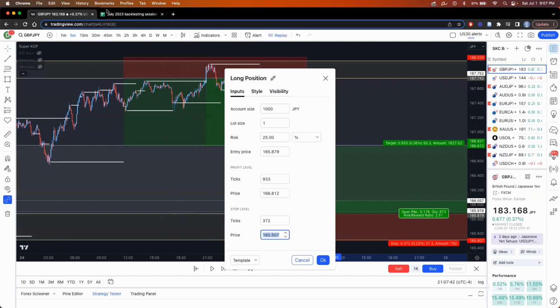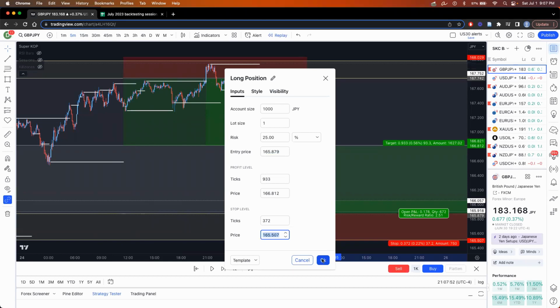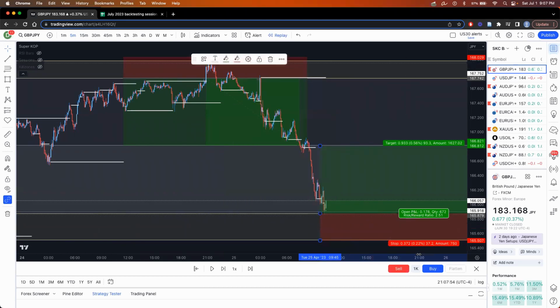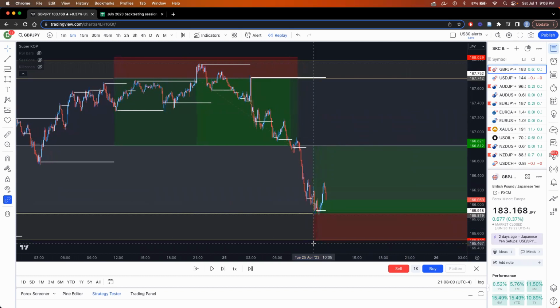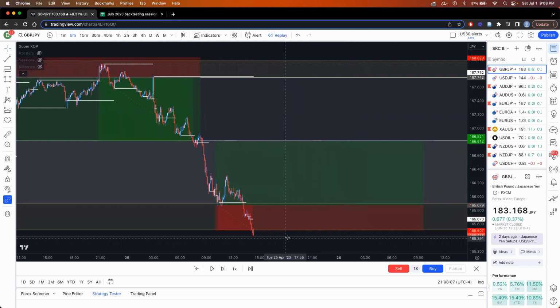Stop loss. And so yes, this is already looking like I'm about to take a long. And let's see if this plays out, right? That's what we care about. And we hit a stop loss.